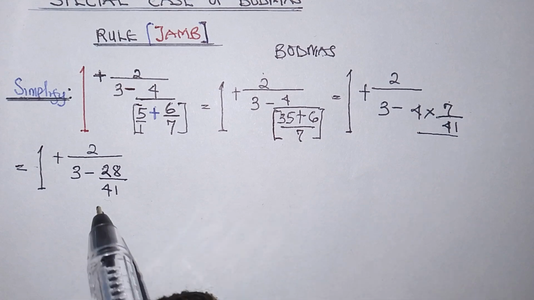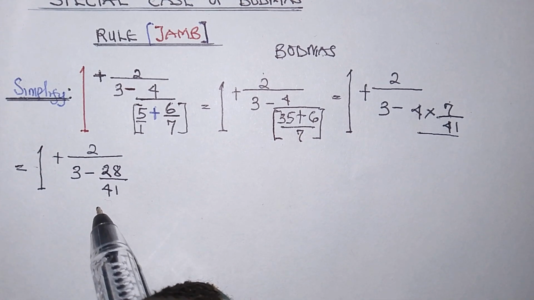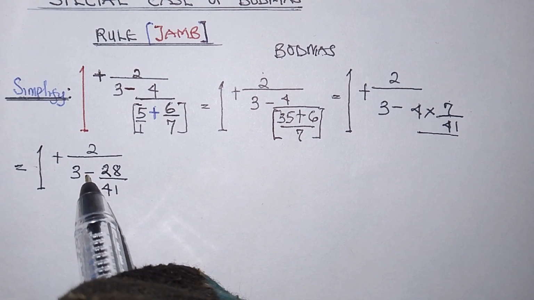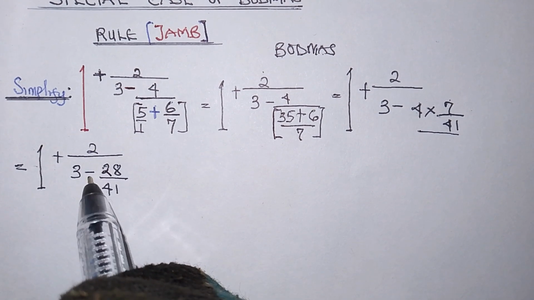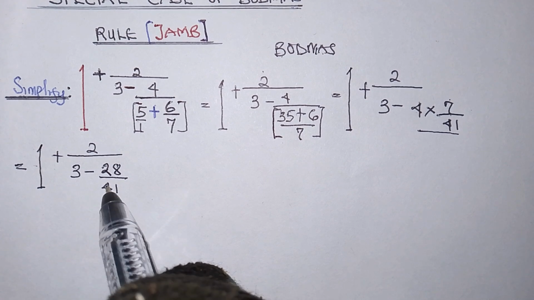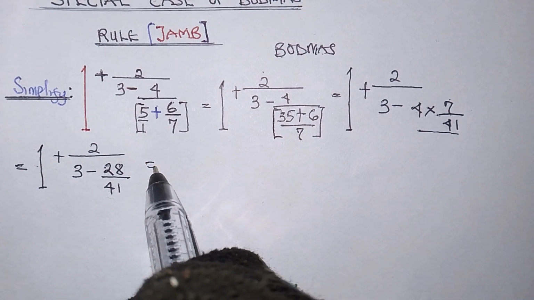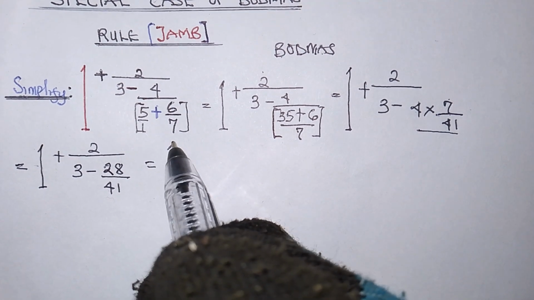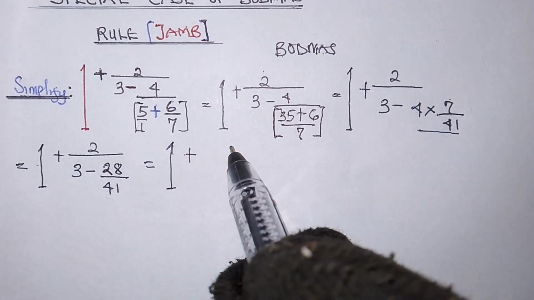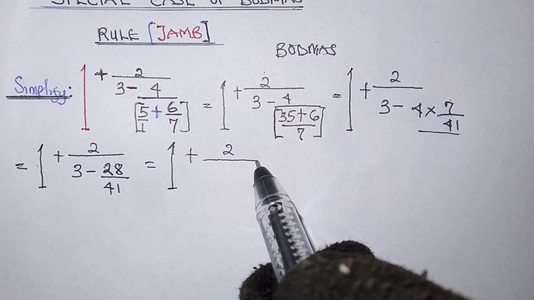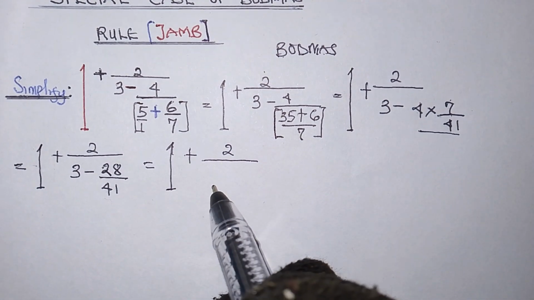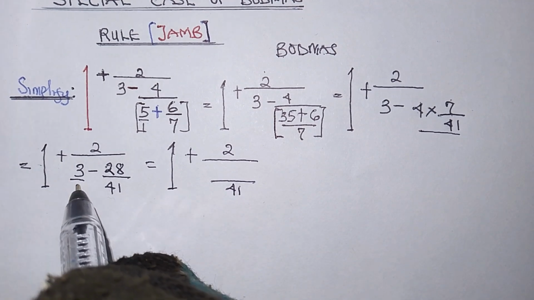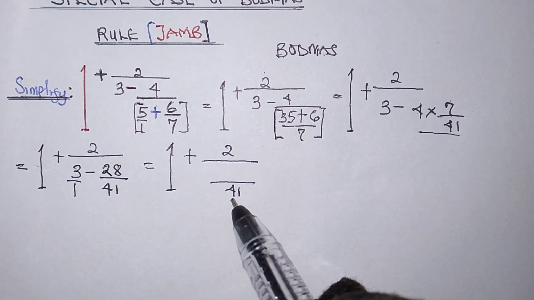Since we've applied the law of multiplication, we now need to apply the law of subtraction, since we know that this is divided by this. So we have to take the LCM of this. If we take the LCM, we are going to have 1 whole number added to 2 divided by, we know that the LCM here is 41, because 3 as a whole number has a denominator of 1.